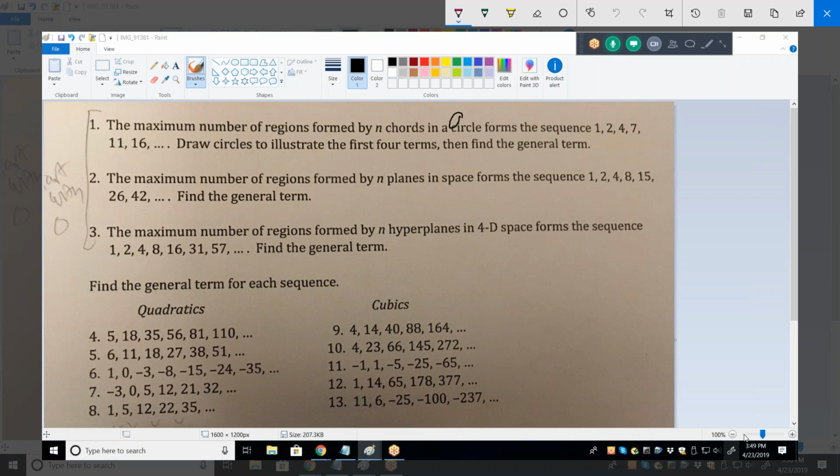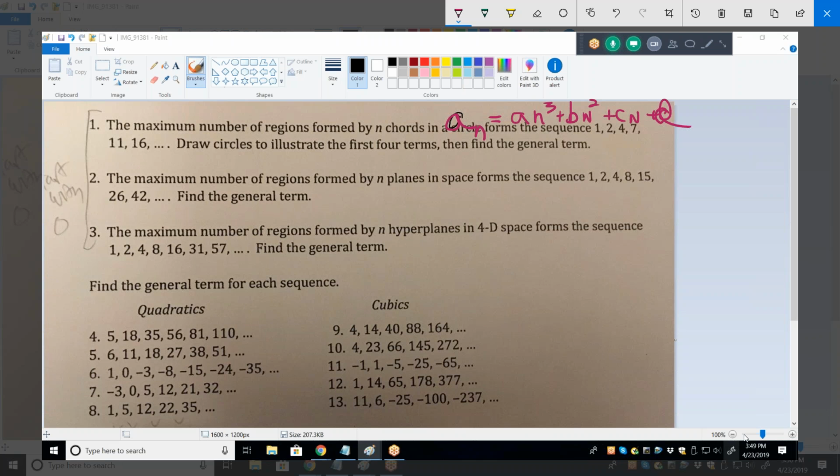At a very minimum, let's do 9 and get it set up. Yes, sir. So the general we know is going to be what? So a sub n equals a n cubed plus b n squared plus c n plus d. And then give me 4 equations.